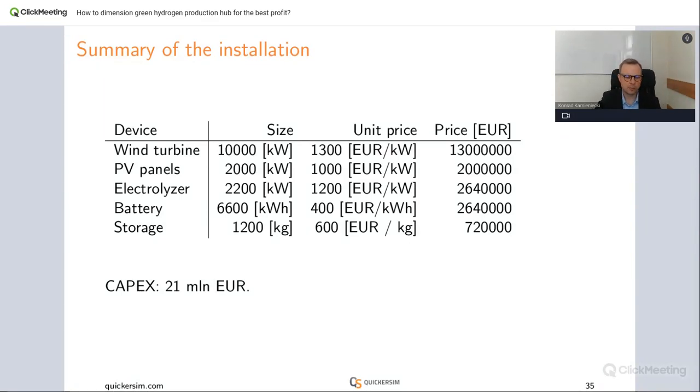Actually, they can be different, but during this spring, we visited several hydrogen events in Europe, and we discussed with the device producers, and those are more or less average prices per kilowatt or kilowatt hour or kilogram for the units. So based on that, I can calculate the capex of the installation, which is 21 million euros for this particular installation.